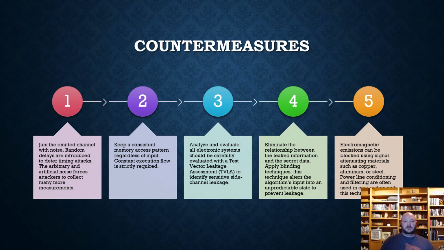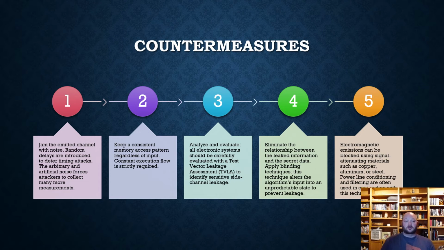All right, so let's go over a few countermeasures. There are a whole bunch more, but I narrowed it down to 5 to put in here. So jamming the emitted channel with noise. That's basically saying whatever avenue the noise is coming out of, add additional noise to that to make it more difficult.